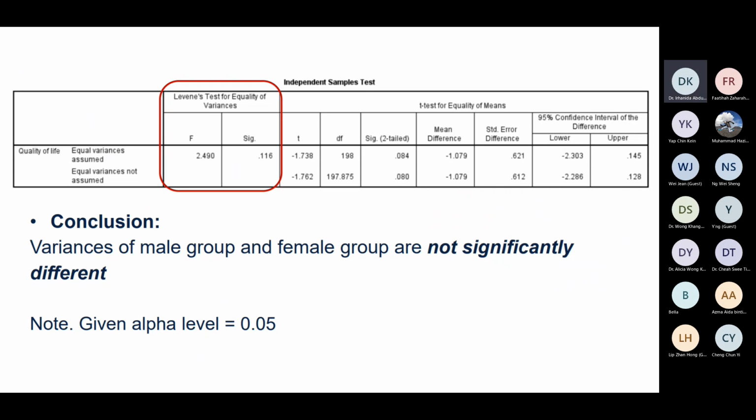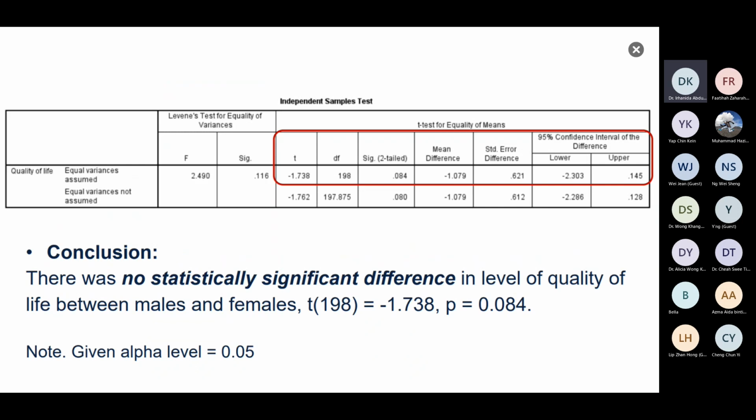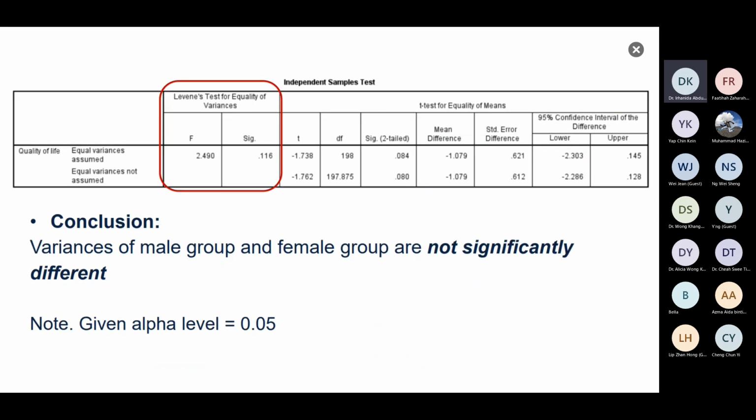This is the result. It shows us the F value and the sig value, which is the alpha value, under the Levene's test for equality of variances and the t-test for equality of means. The main thing that we want to see here is the F value and the sig value. The conclusion is that the variances of the male group and female group are not significantly different.